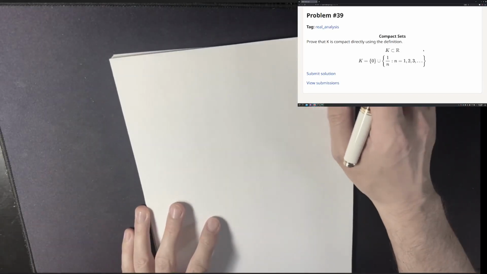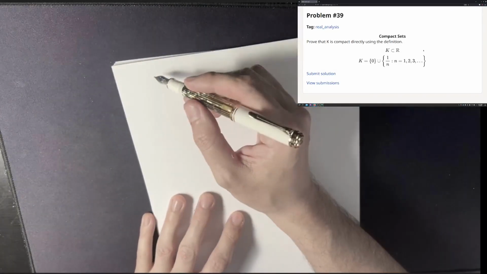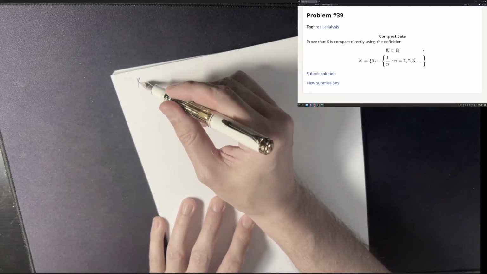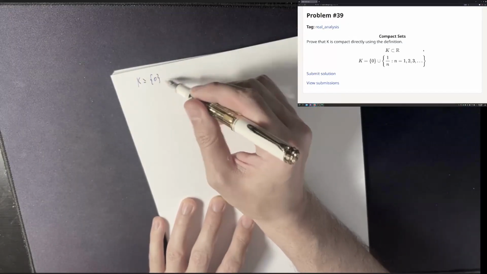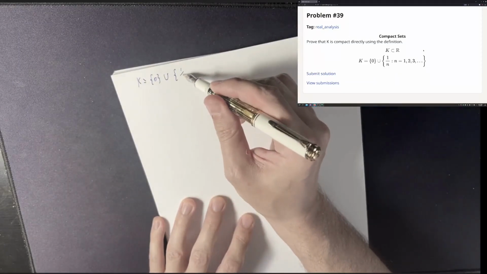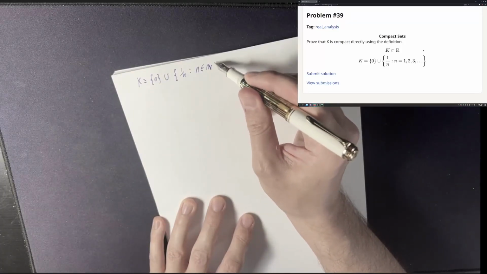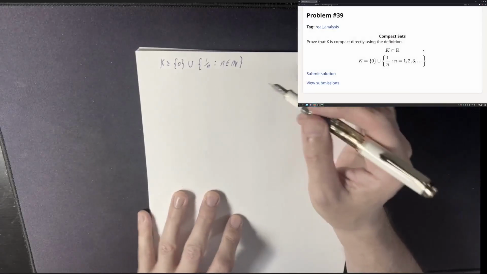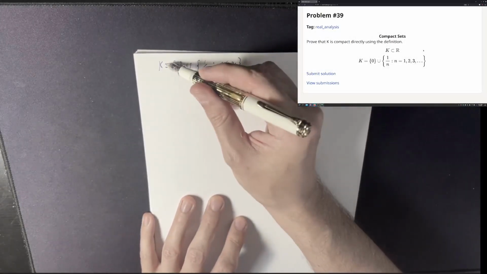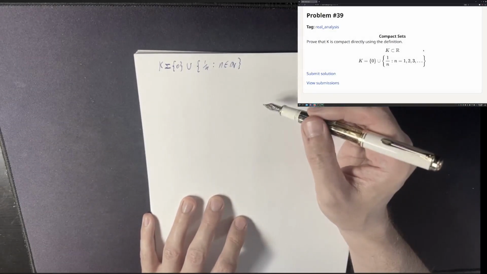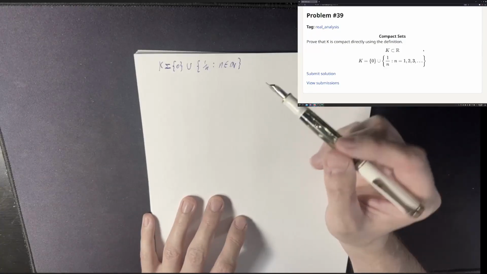So take set K, and K is defined as 0 along with reciprocals of natural numbers. And then it asks you to show that this is compact.